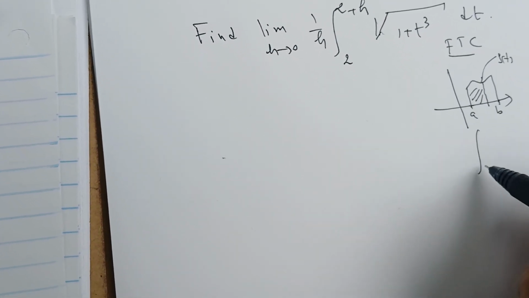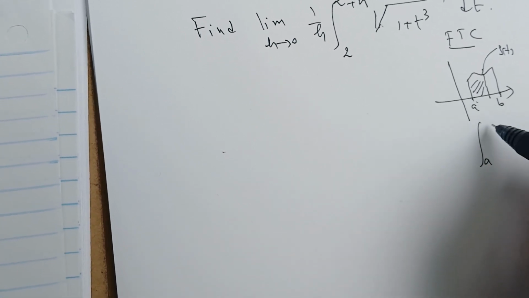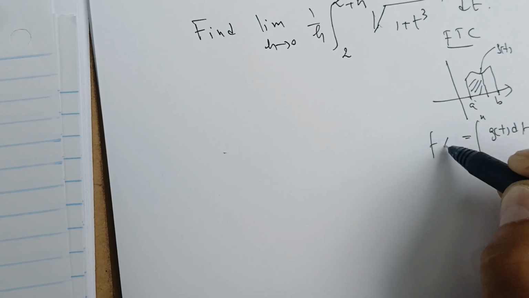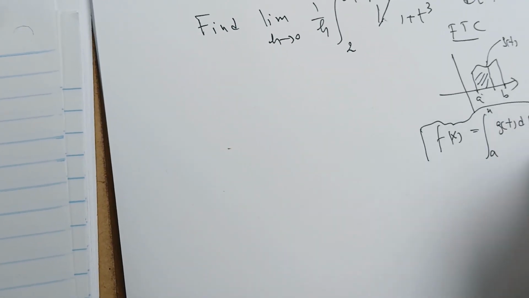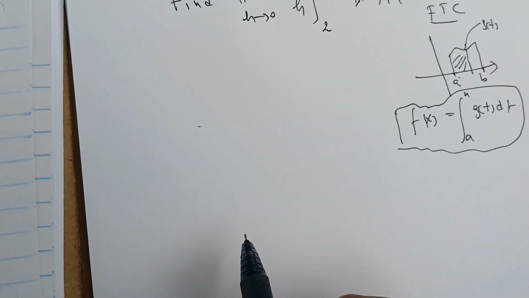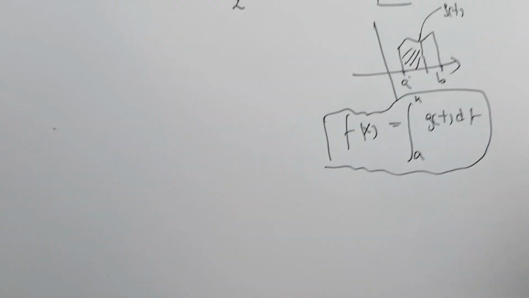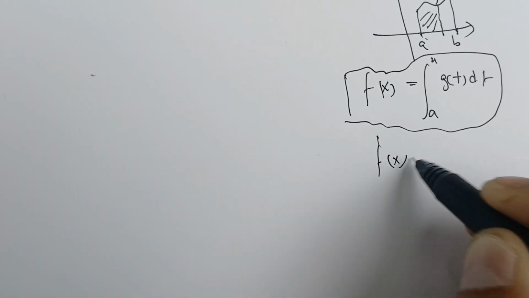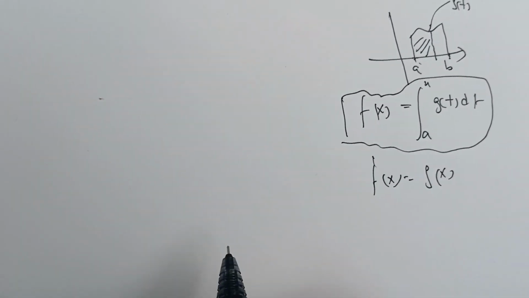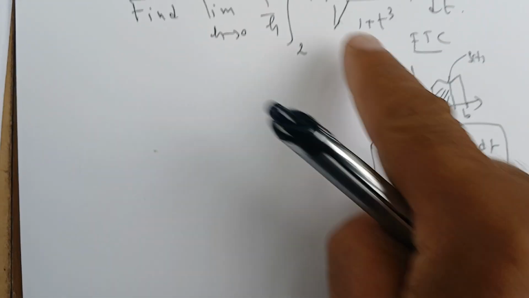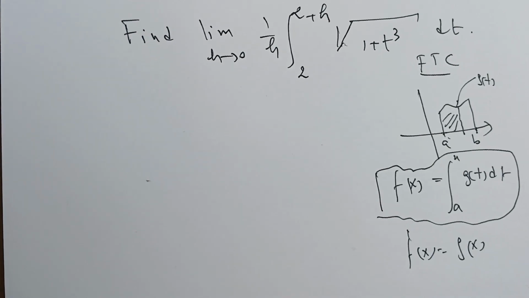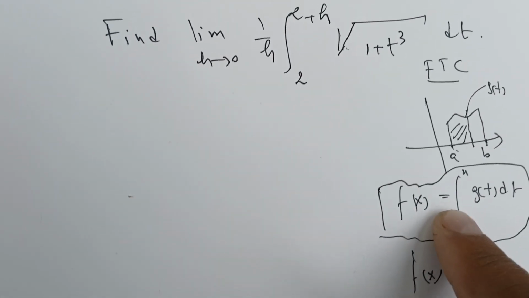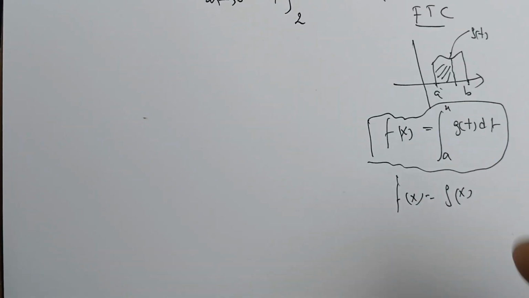The integral between a and x of g(t) dt, we define by a new function f of x. The derivative in this case, f prime of x, is just g of x. So that's what we're going to use here, to find this limit.